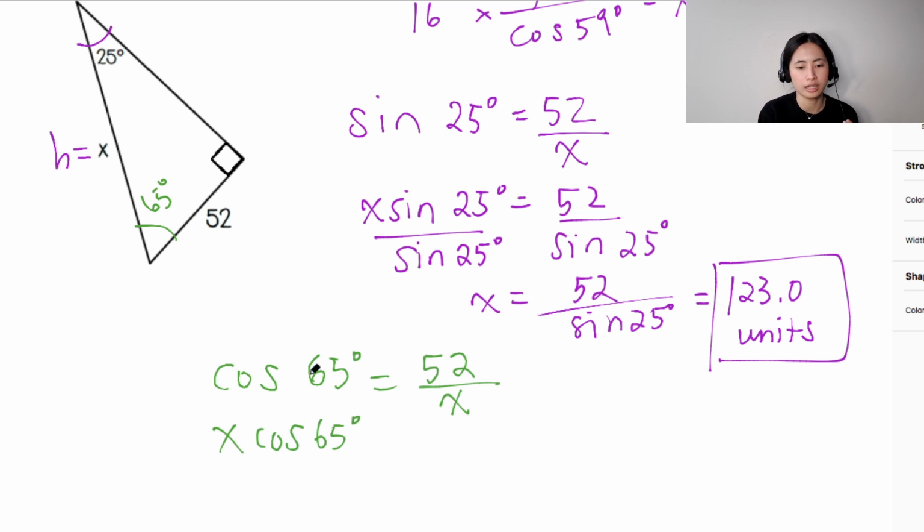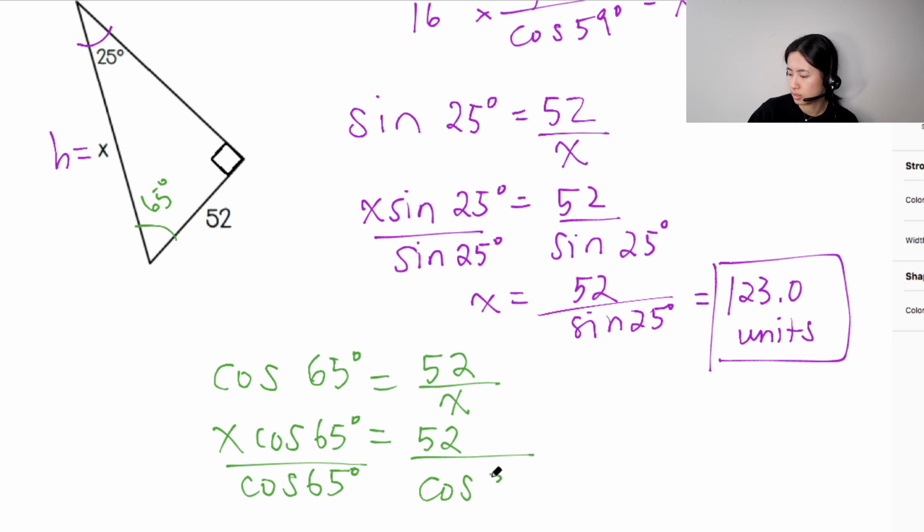Applying the cross multiplication method, we would have x times cosine 65 degrees equal to 52 times 1, because cosine 65 degrees is over 1, and 52 times 1 is itself. So x is going to be 52 divided by cosine 65 degrees. We can say 52 is multiplied to 1 over cosine 65 degrees, or we can just leave it like this.